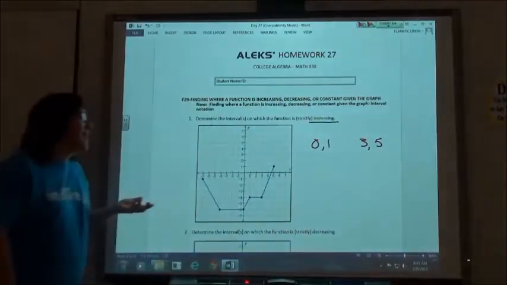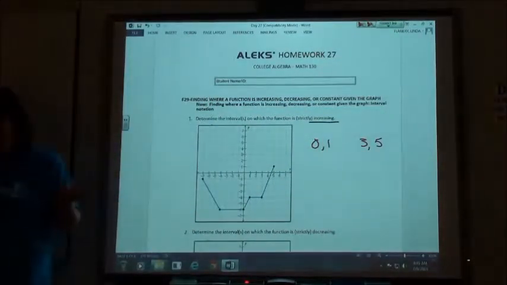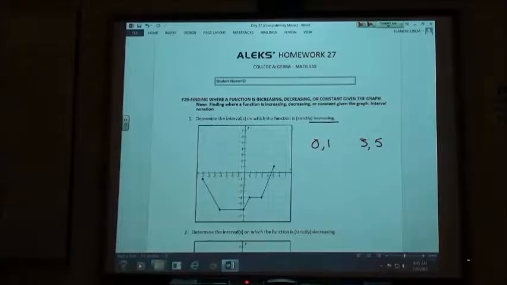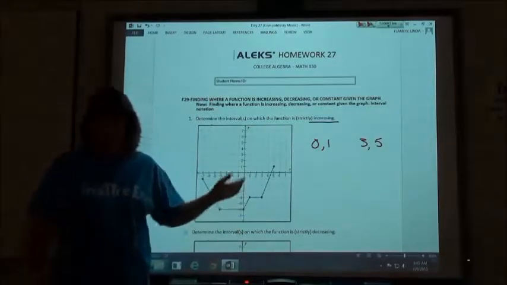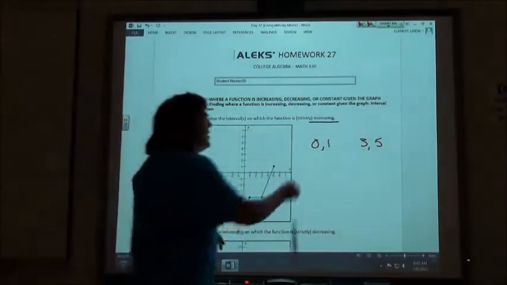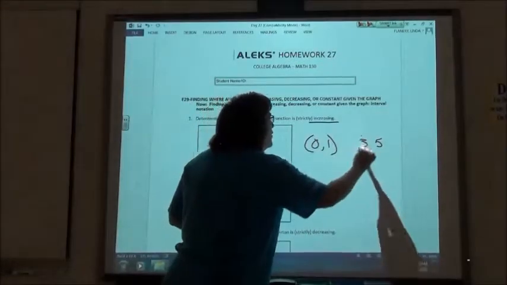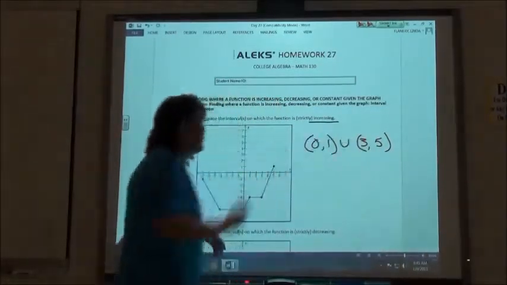Now, different textbooks do the end marks differently. Some people say technically the endpoint isn't increasing or decreasing, so they use parentheses all the time. That's what I do. Other books will let you use a bracket and still count it as long as it's a filled-in dot, which all of these are going to be. So depending on who your instructor is, you may see them with brackets.